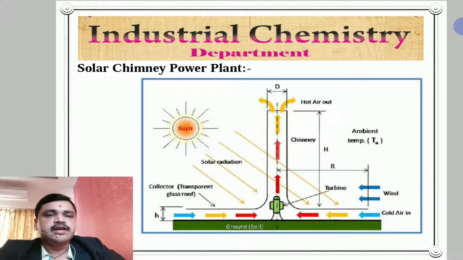So this is the information on the first solar chimney power plant in Spain.